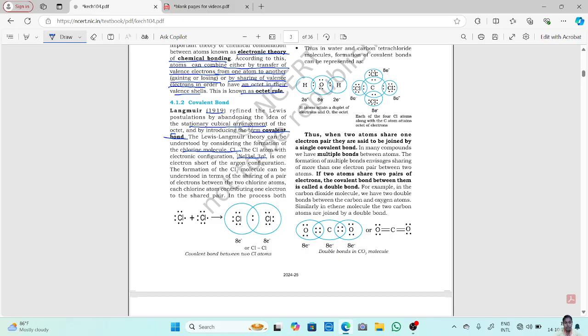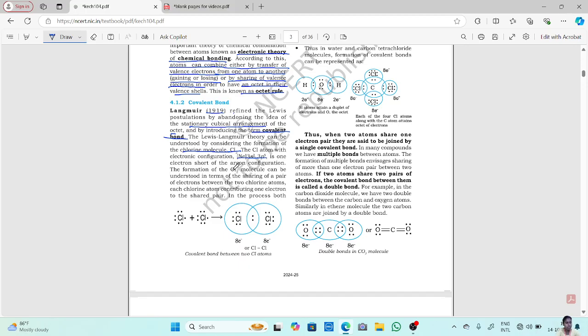The formation of the Cl2 molecule can be understood in terms of the sharing of a pair of electrons between the two chlorine atoms, each chlorine atom contributing one electron to the shared pair.